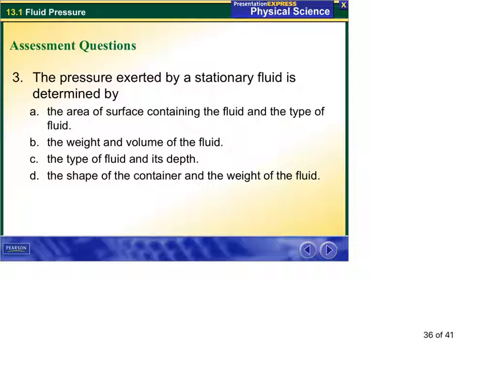Pressure exerted by a stationary fluid is determined by the type of the fluid and its depth. And some things that don't affect it: volume does not affect it, shape of the container doesn't affect it.